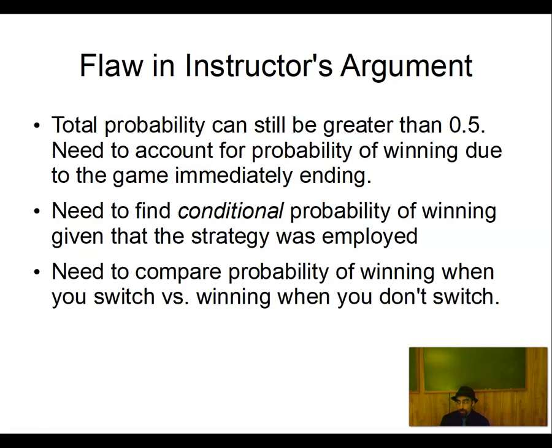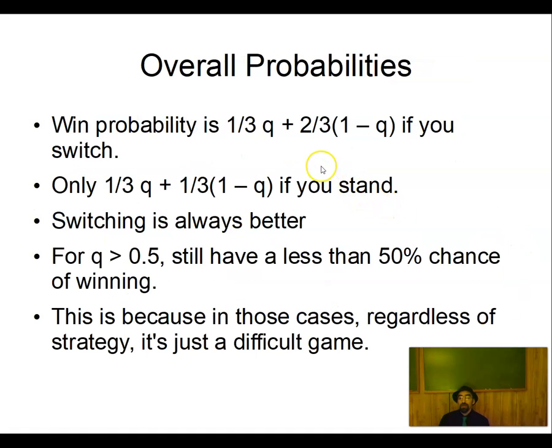Either of those two perspectives would say, all right, either we need this conditional probability to be more than 50%, or just that the probability of winning when you do switch is greater than the probability of winning when you don't switch. And so if you want to look at the overall probabilities, the win probability is 1/3 q, for probability q that endgame will be triggered. 1/3 of the time, that means you just instantly win.